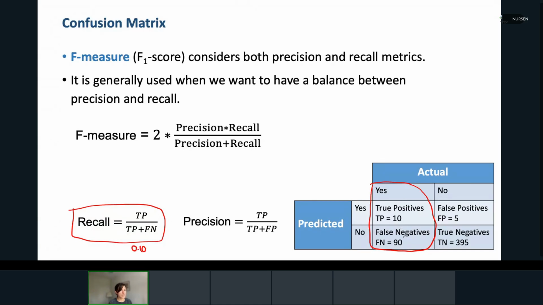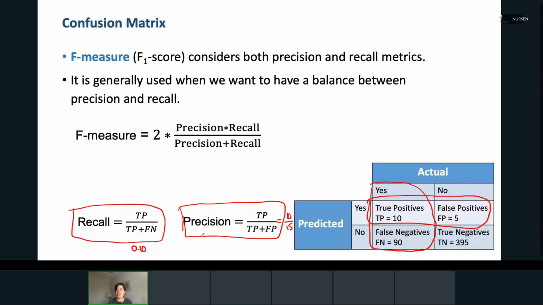Out of all churn customers, the percentage we identified correctly. Precision, on the other hand, is about the precision of our prediction. So out of all positive predictions, all positive predictions are in here, 25, the percentage of time we were actually correct. So in this case, it is 10 divided by 25.